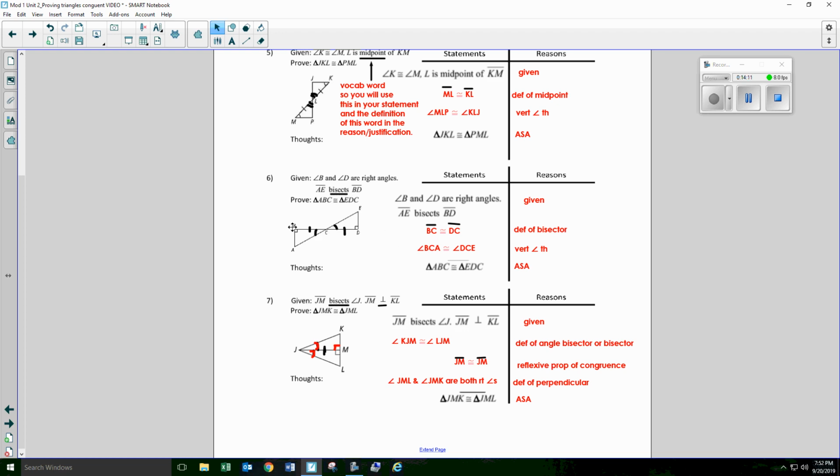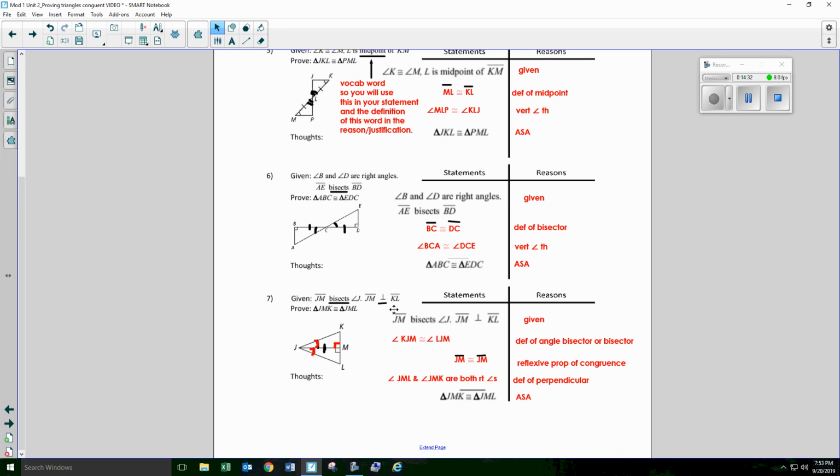Three letters, BCA, so right angle 1 and 0, right angle 1 and 0, DCE. I can get that right from here as well. Vertical angle theorem. So now I have ASA, ASA. The two triangles are congruent, which is what we're trying to prove. Exact order is that, and it's by ASA, and I'm done.